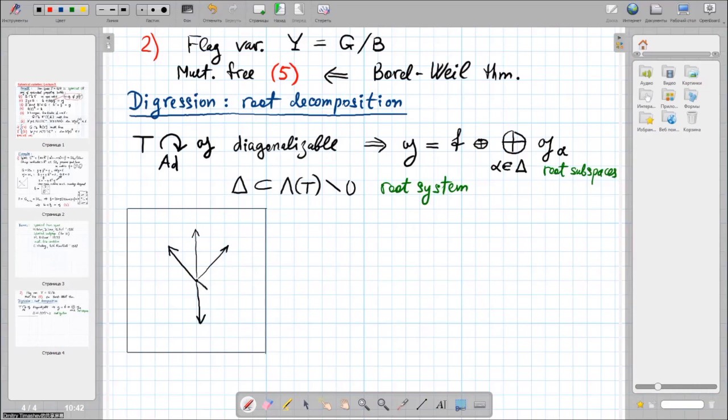They have different directions. I will say more about the directions in a minute. So this is a root system.